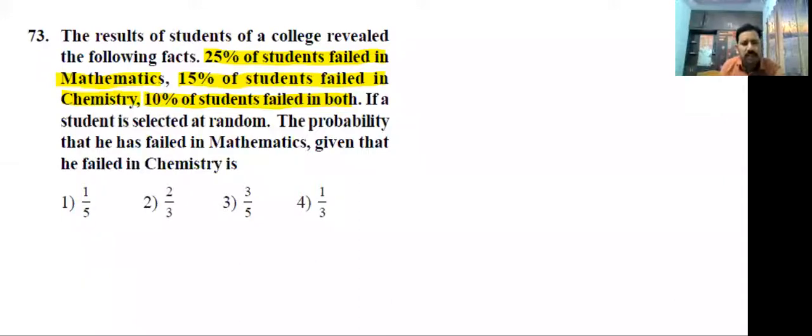If a student is selected at random, what is the probability that he has failed in mathematics, given that he failed in chemistry?